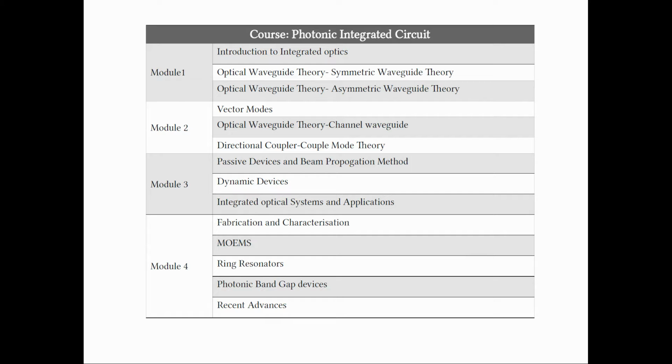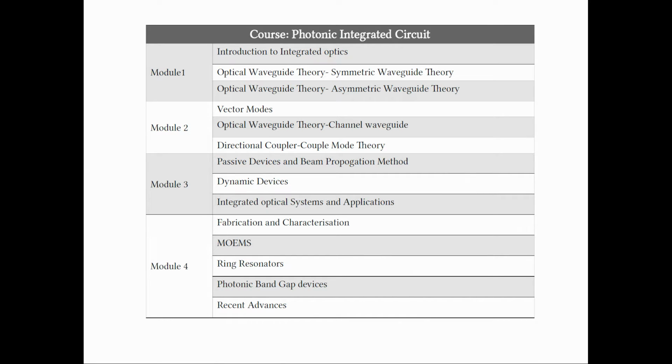And of course we had also extended the theory to 2-dimensional or 3-dimensional waveguides called channel waveguides, which are the real elements, basic elements of integrated optics, which can be used to make many other devices.